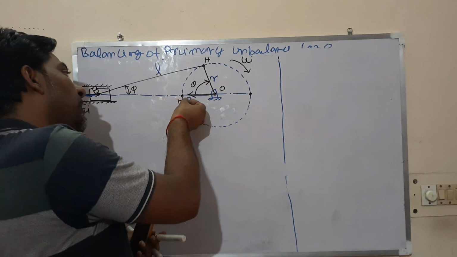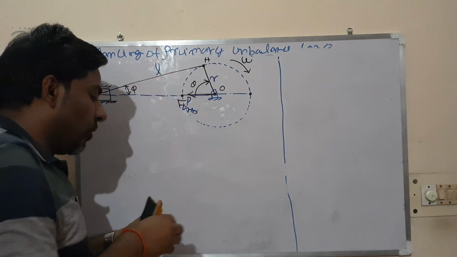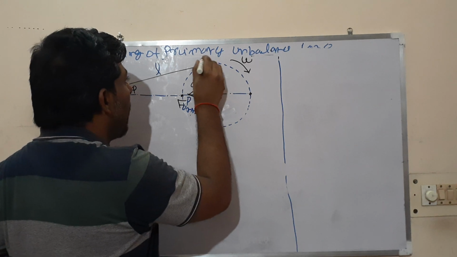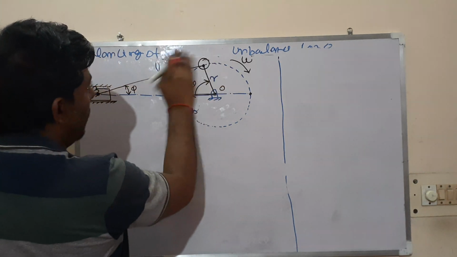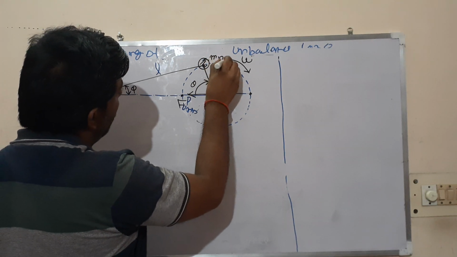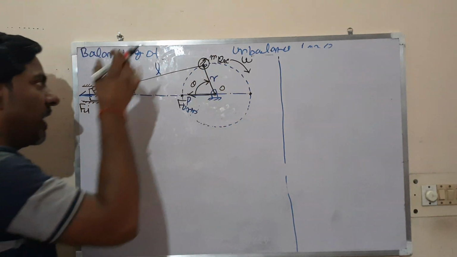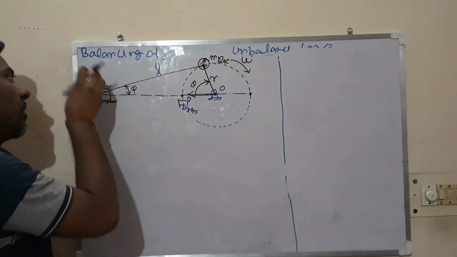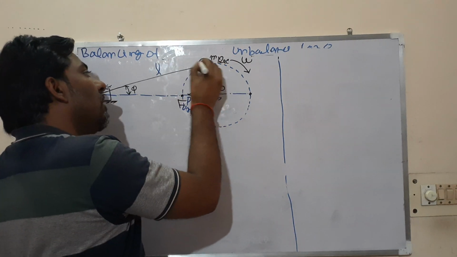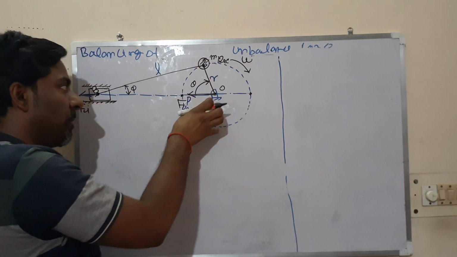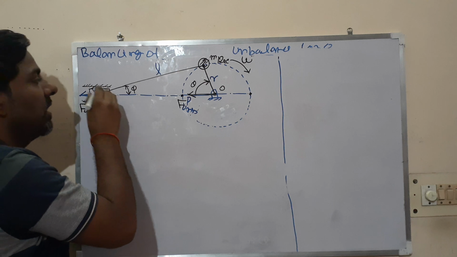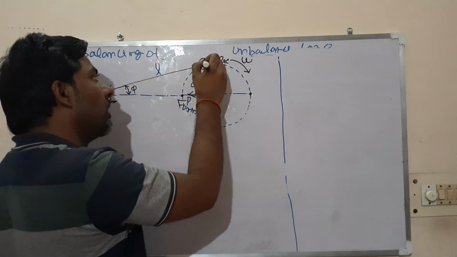Suppose we assume a mass mrc, that is the reciprocating mass. Let us assume, for balancing purposes, that this reciprocating mass is concentrated at the crank pin.